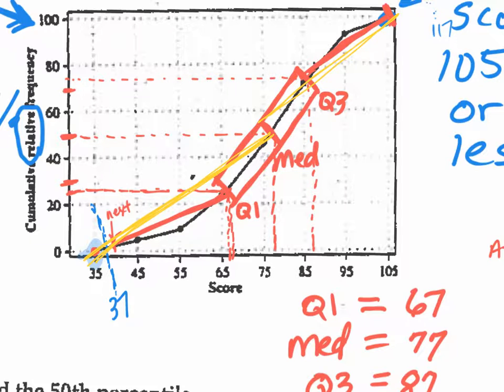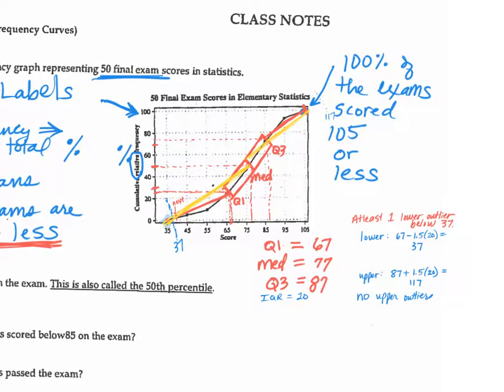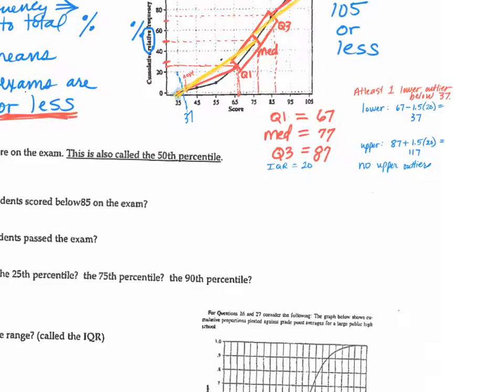Do you see this? Stretched a little bit more to the left than it is to the right. So if I was to say a shape, I would probably say that it is slightly, what? Slightly skewed left.